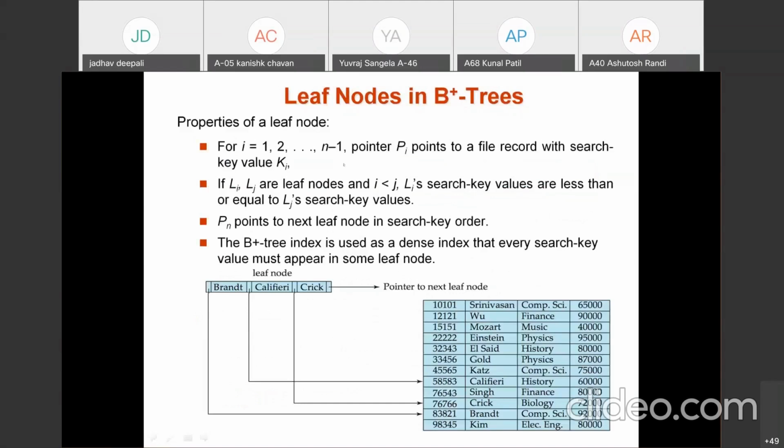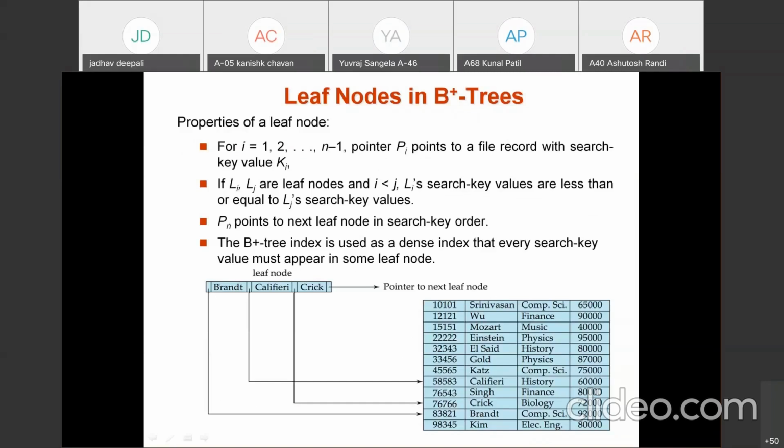As I told, there are 1 to n minus 1 search key values in a node and n pointers. For i equal to 1 to n minus 1, pointer Pi points to a file record with the search key value Ki.